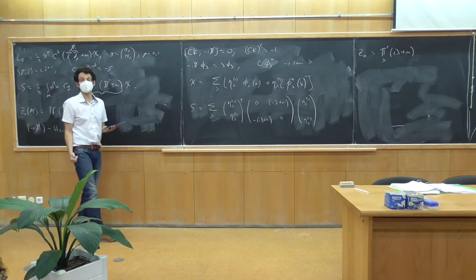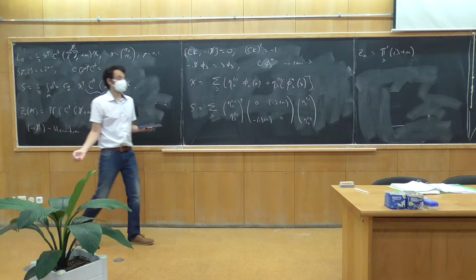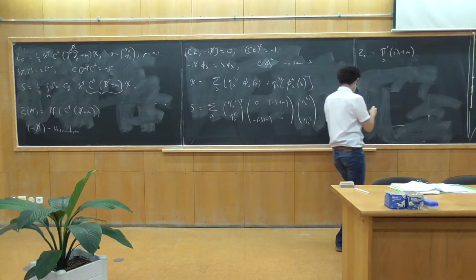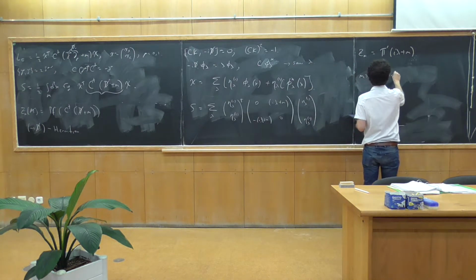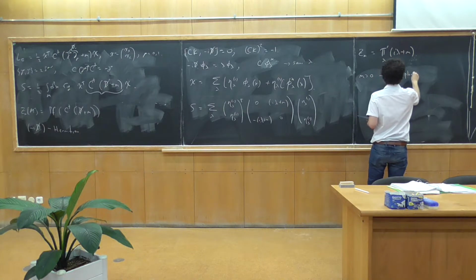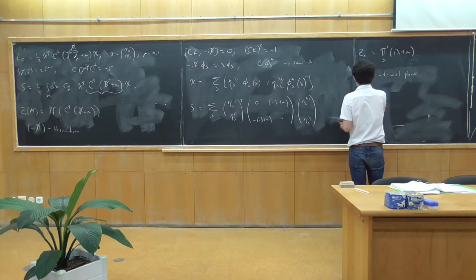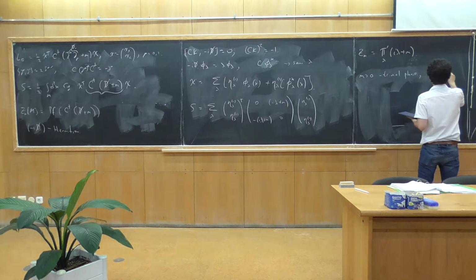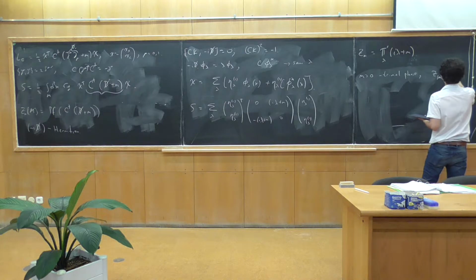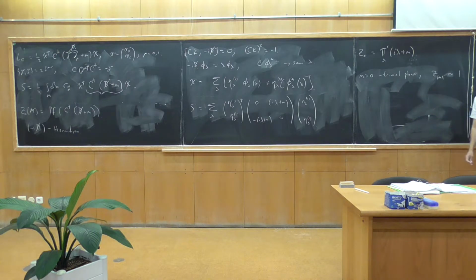So let's call m greater than 0 the trivial phase. We expect that the partition function, up to local counterterms involving the curvature of the manifold, should just be equal to 1.